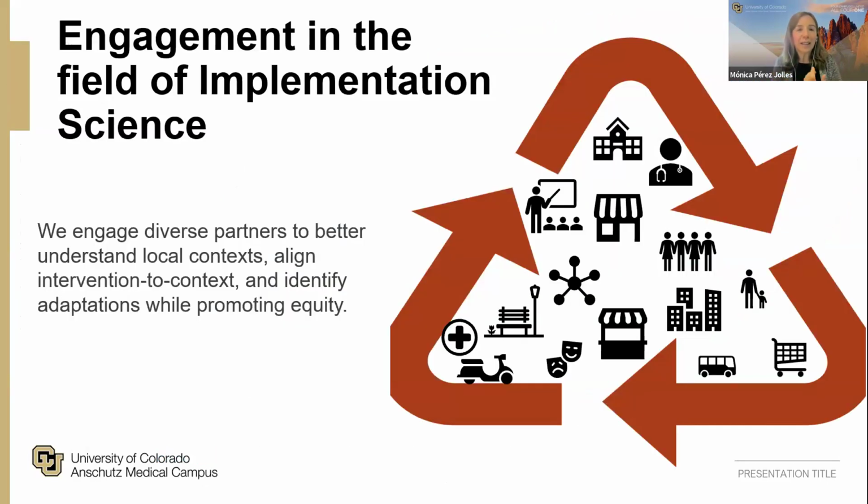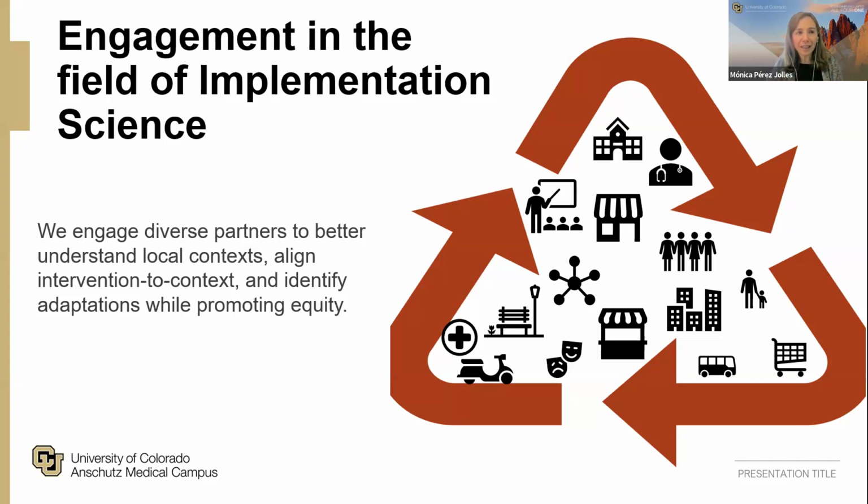Then my next point to highlight, what does it mean to engage our partners in this field of implementation science, is, as you may have heard throughout the sessions yesterday and today, and in general, that for the D&I field, understanding context is of utmost importance because one of our goals is to really understand those local contexts and align our interventions and the implementation plan to the characteristics of those local systems, communities, or contexts.